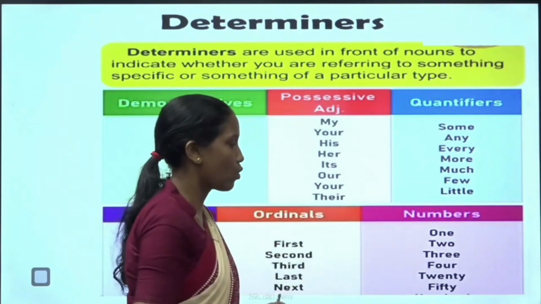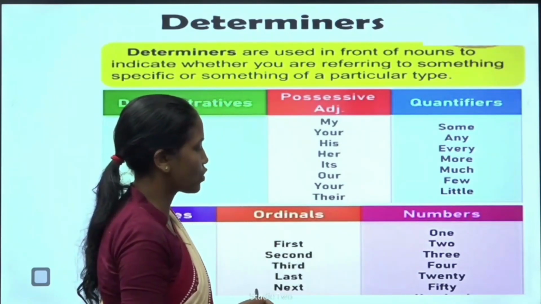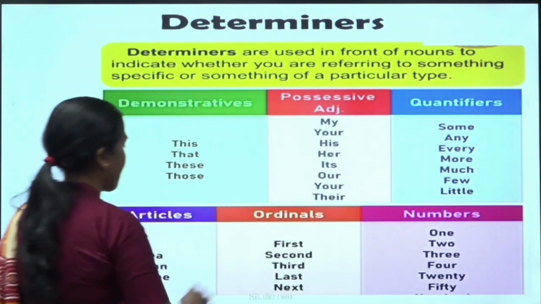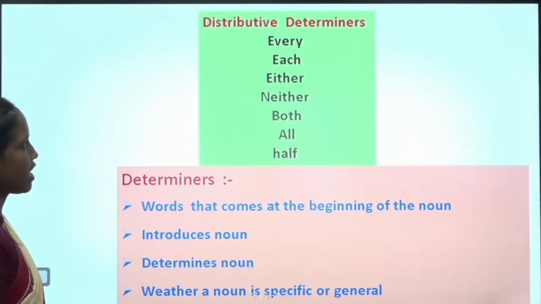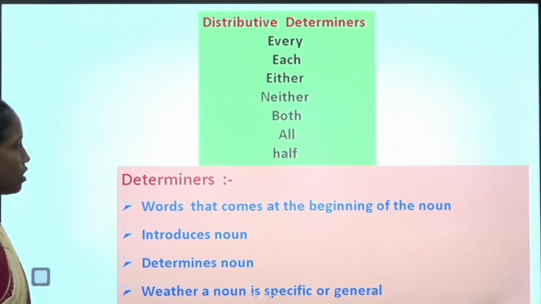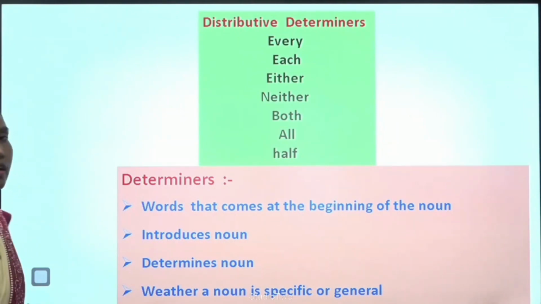Cardinal numbers: 1, 2, 3, 4, 20, 50. Next you see distributive determiners: every, each, either, neither, both, all, half. So here we learn about the determiners, which are part of the noun phrase.